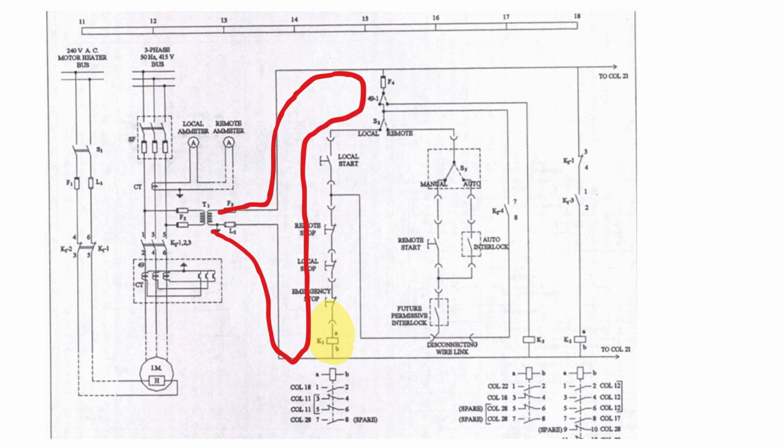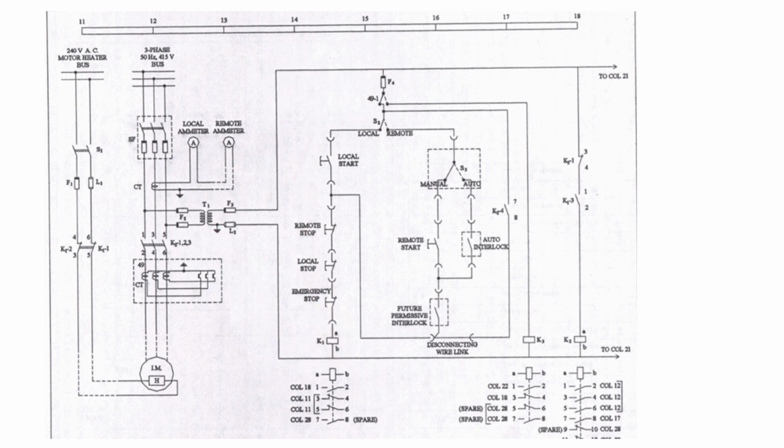and then the K1 coil of the contactor. Here at K1 you can see A dash B written, and below also you can see the symbol with A and B, with four contactors that are presented in different column numbers, and also with NO and NC state. Also, I assume that you know NO is normally open and NC stands for normally closed, which is indicated in the diagram.